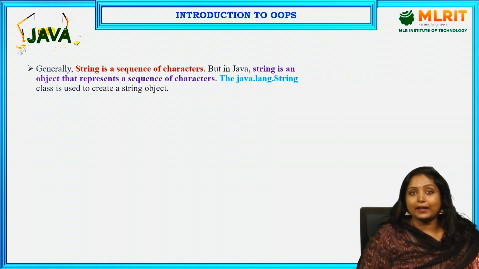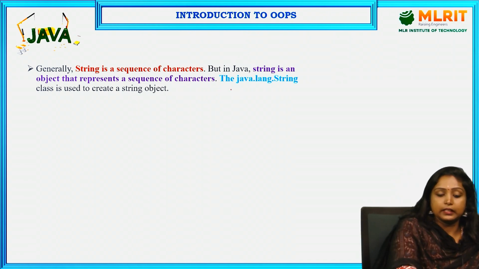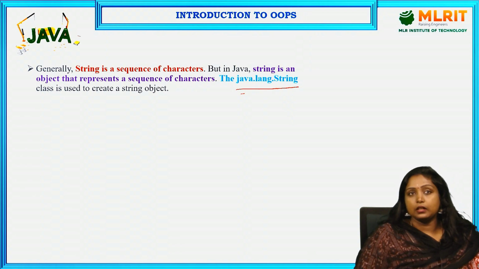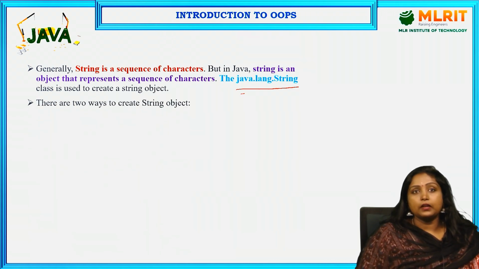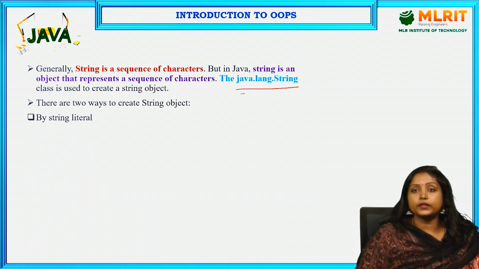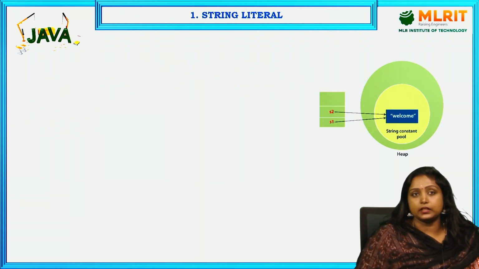It is present in the java.lang package. So string is a class which consists in the java.lang package. There are two ways to create a string object: the first by using a string literal and the second by using the new keyword.